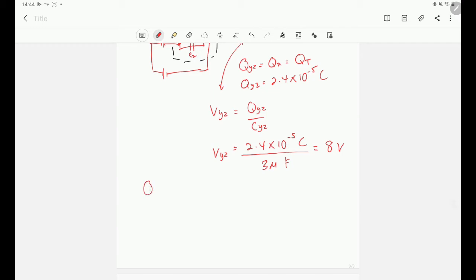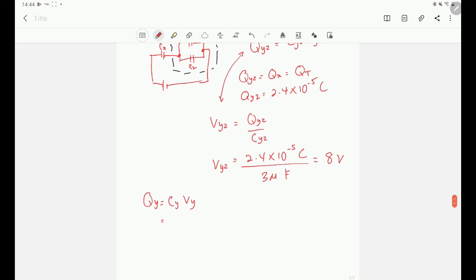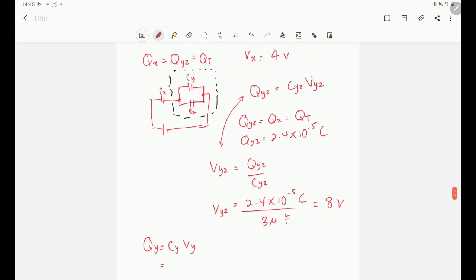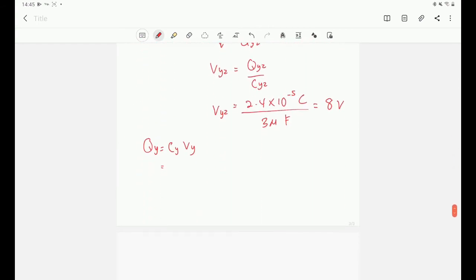So Qy is equal to Cy times Vy. Because we know that Vy is 8 volt and Cy is 1 microfarad, so Cy is 1 microfarad times Vy, where Vy is 8 volt, because Vyz is equal to Vy and also equal to Vz.